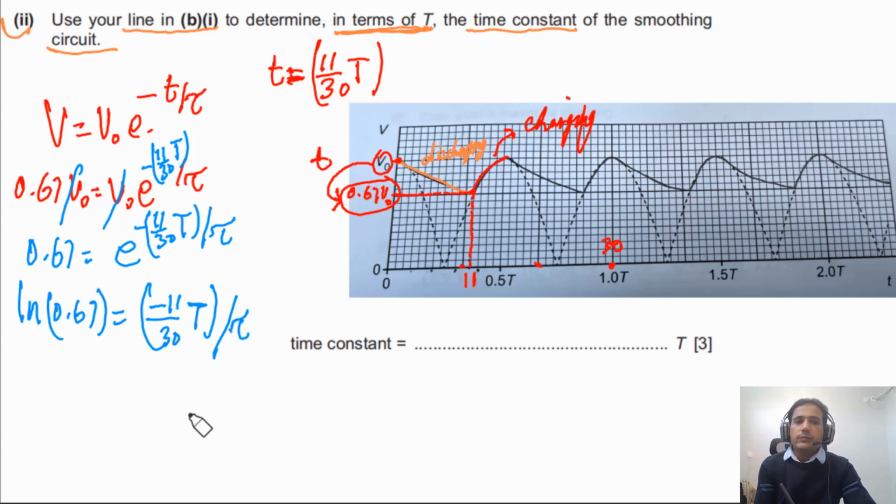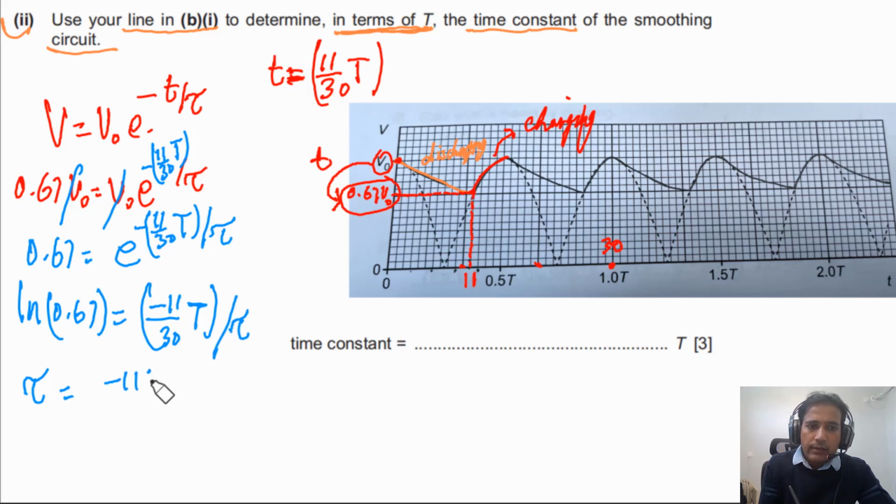We need to find the value of tau. So tau we can multiply on the other side, so this is 0.67. We can also write tau equal to minus 11T/30 divided by ln, the natural log of 0.67. So simply just basic mathematics.